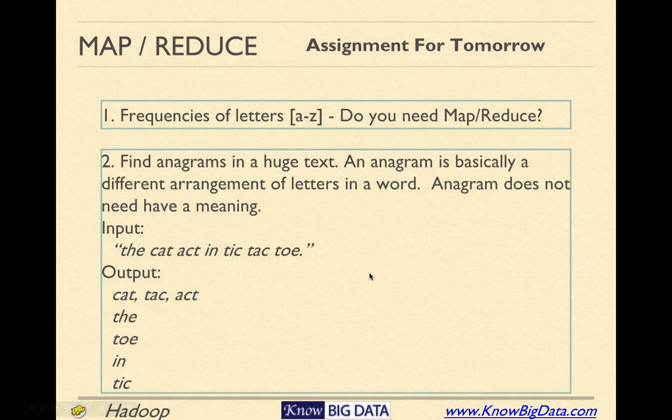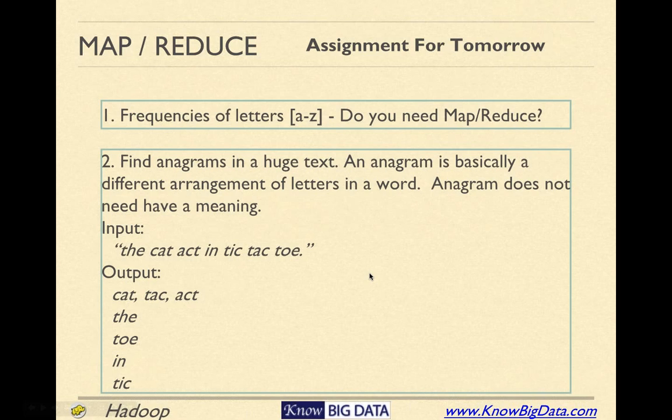For example, cat, tack and act are anagrams of each other, meaning if you rearrange the characters of a word in some random order, you will get an anagram of that word. It doesn't have to be meaningful here. All we are saying is, in this given huge text there will be words which are anagrams of each other.